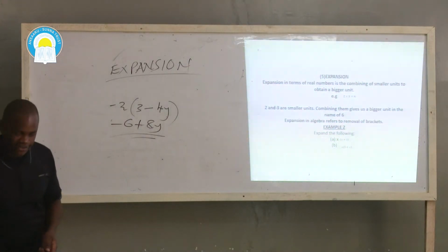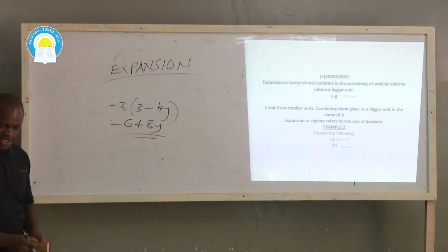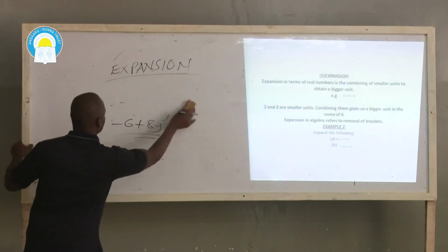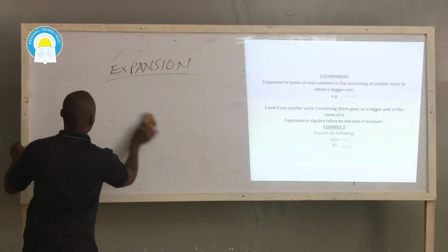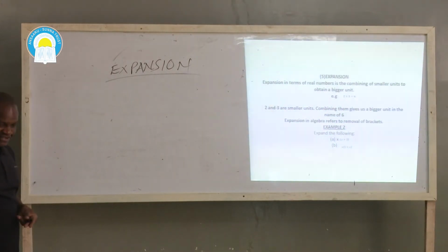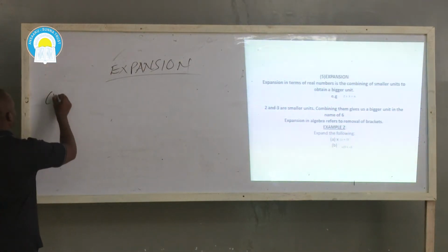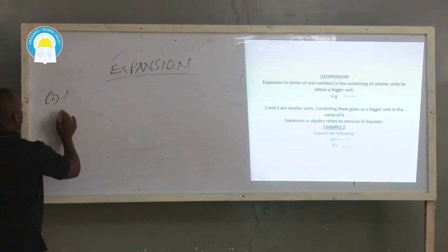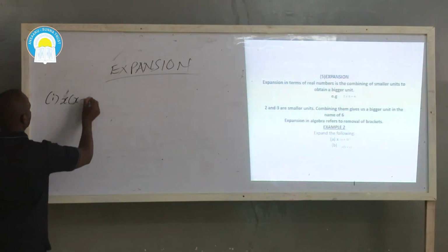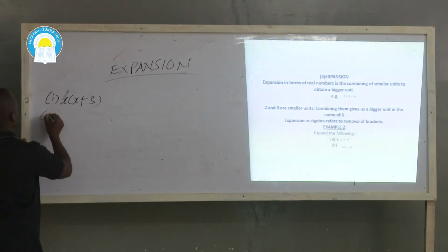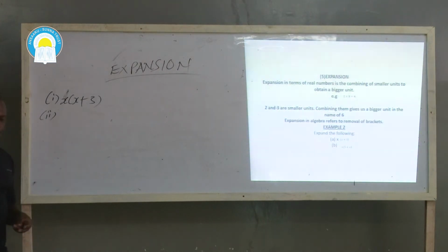Expand the following. The first is x into x plus 3. Number 2, we have x into 5 plus x.